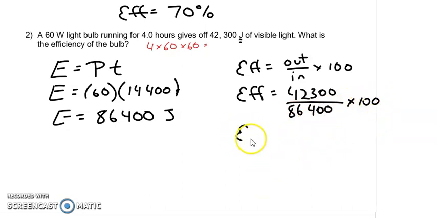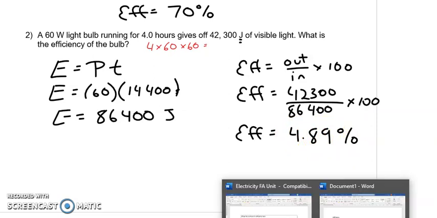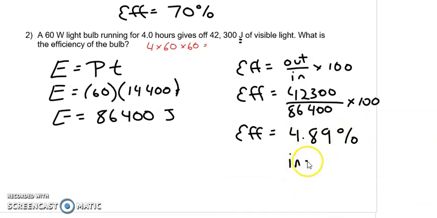Times by 100. Now, a little hint here when you're dealing with the efficiency formula, you're never going to wind up with an efficiency greater than 100, because you can only get out what you put in. So if you wind up mixing up these numbers and you get a number greater than 100, you know you got to flip them. But this works out to 4.89%, which means this is probably an incandescent bulb.